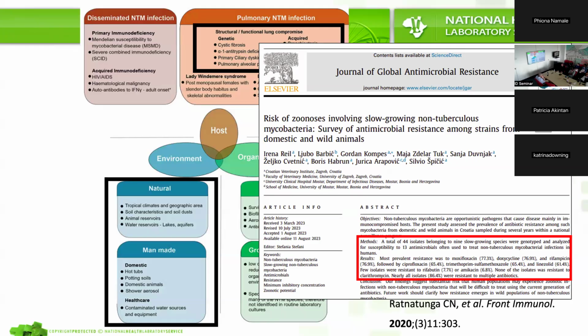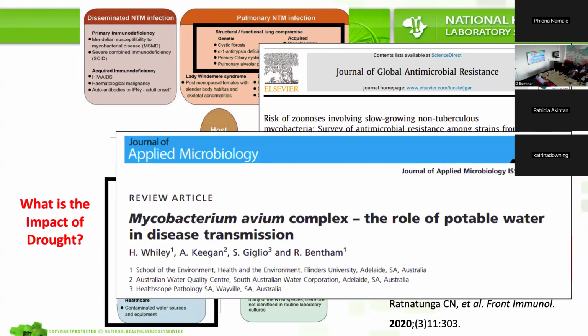And zoonosis plays an important role there, as well as, we're not sure what the impact of drought conditions will be. We are well aware that infectious diseases are impacted by climate change and warmer conditions, as is NTM, non-tuberculous mycobacteria. And the articles are showing that a lot of these complexes, or the Mycobacterium avium complex, can also form biofilms in these water systems.